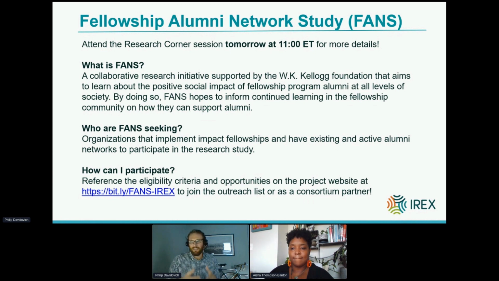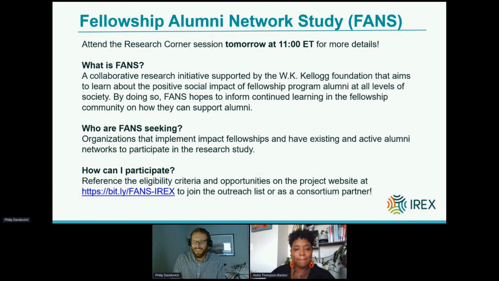And by doing so, this project hopes to inform continued learning in the fellowship community on how they can support alumni. So the big mission is being able to share common resources together and continue the conversation of how programs can support alumni, whether it's activities, evaluation approaches, or really just being able to leverage their network together, a concept of network weaving. So not trying to grow it, but to connect it better between individual people.